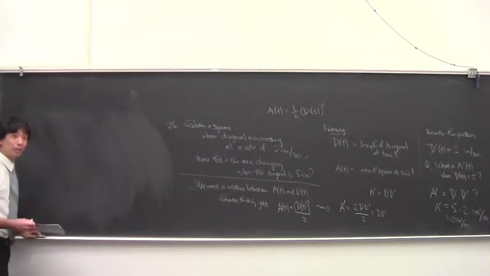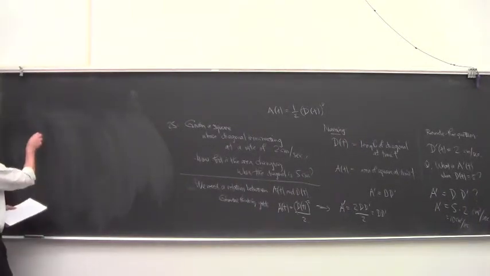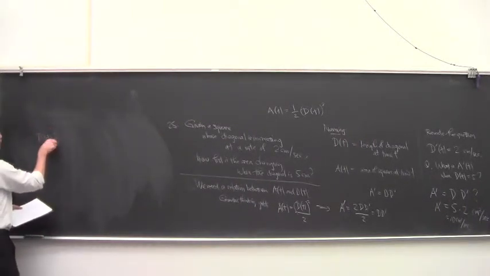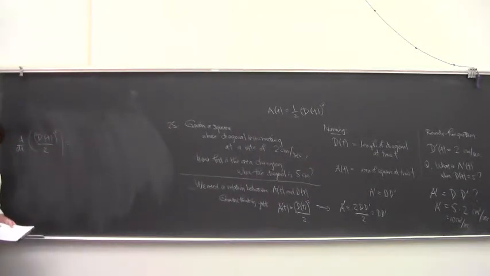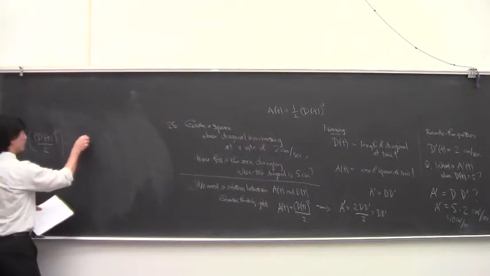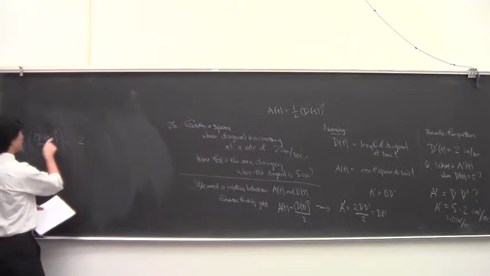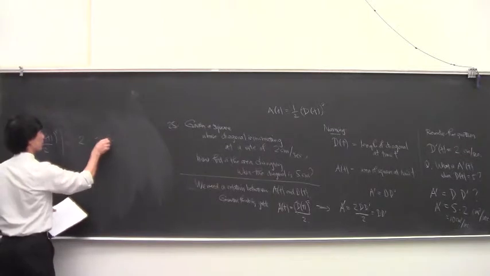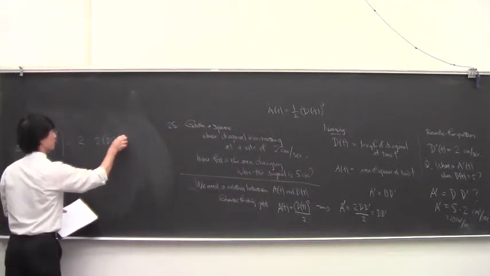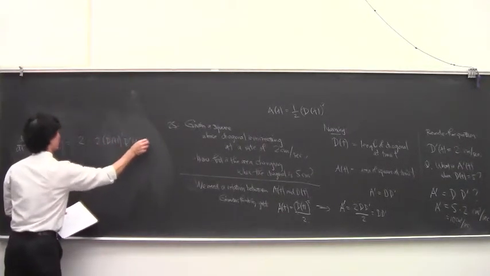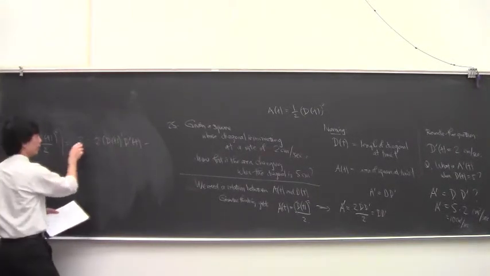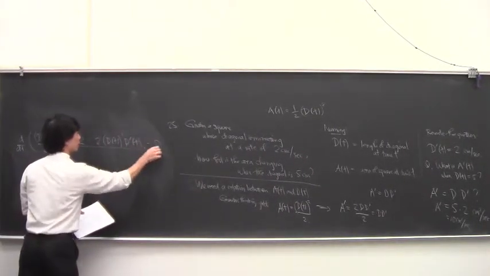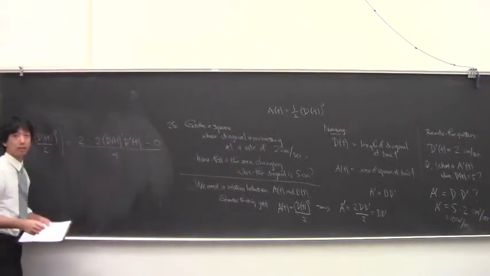Yeah, I mean, if you used the quotient rule, it would work out. If you differentiated this, what do you get? Well, you get the bottom times the derivative of the top minus the top times the derivative of the bottom, which is 0, over the bottom squared.